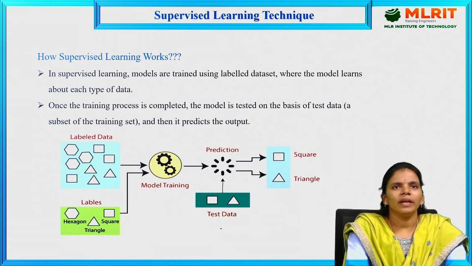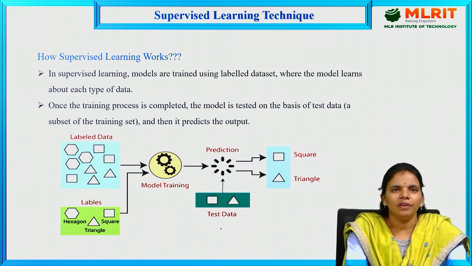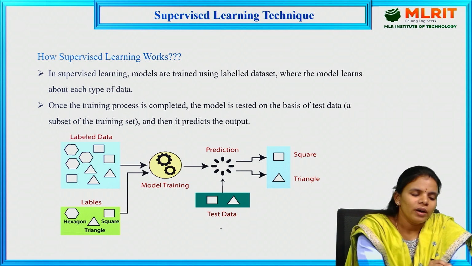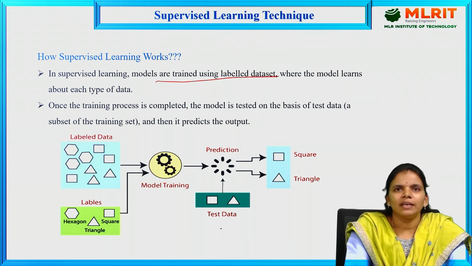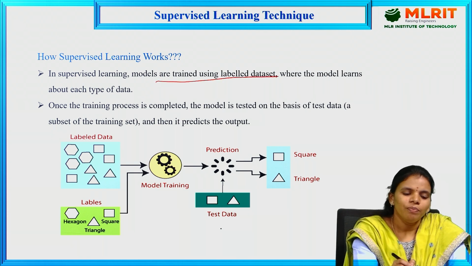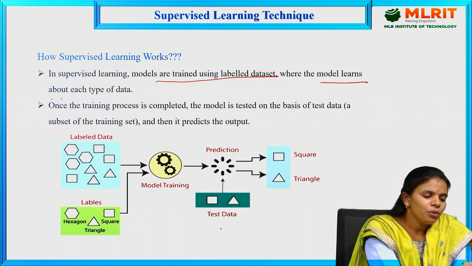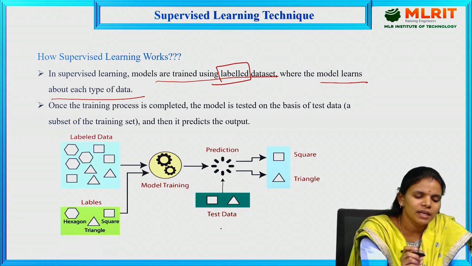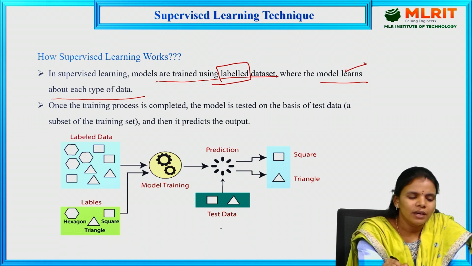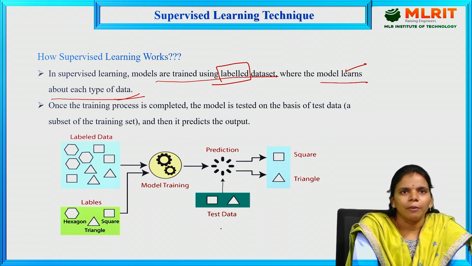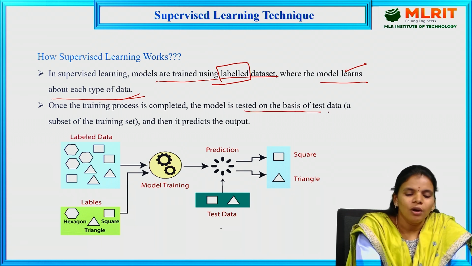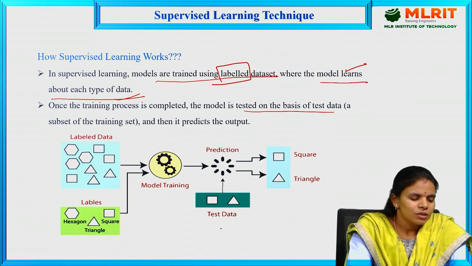Okay, so next, how supervised learning works. In supervised learning, models are trained using a labeled data set, as we already discussed. The model learns about each type of data, because the label is already there for our data set. Once the training process is completed, the model is tested on the basis of test data.